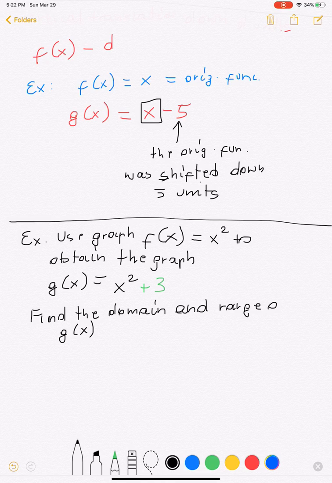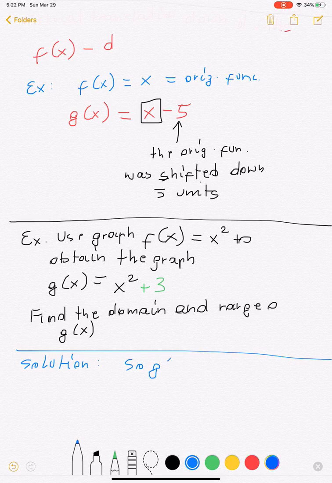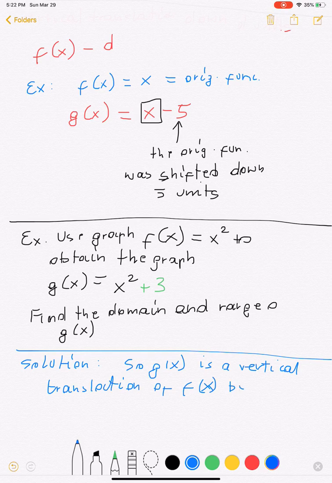Okay, so let's continue. Let's solve it. Let's put the solution. So g of x is a vertical translation of f of x by 3 units up.